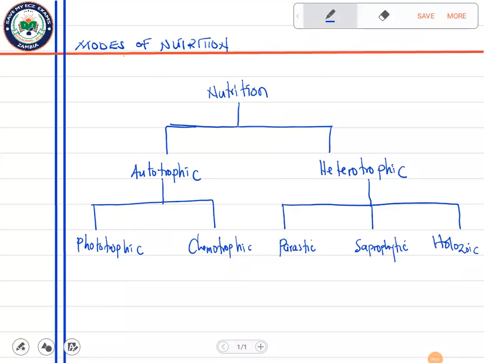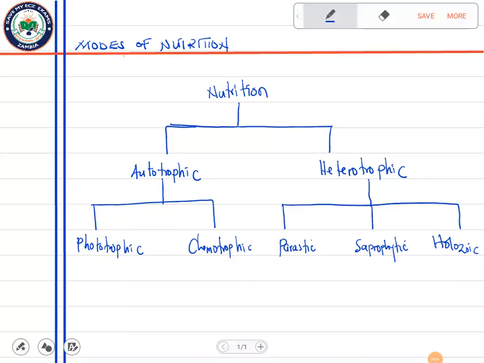So it doesn't make its own food. Even saprophytic nutrition involves an organism that will feed on dead and decayed matter. Now that matter which is dead and decayed is what we call a substrate.